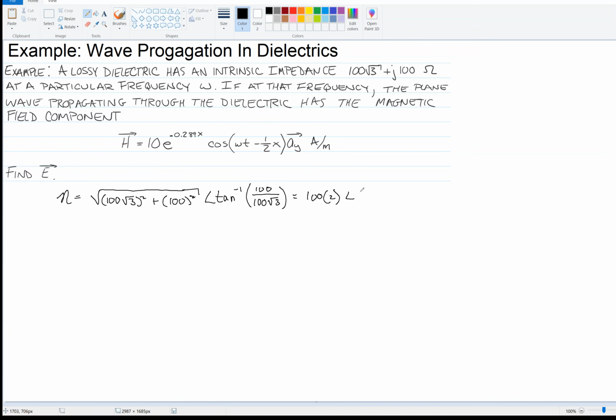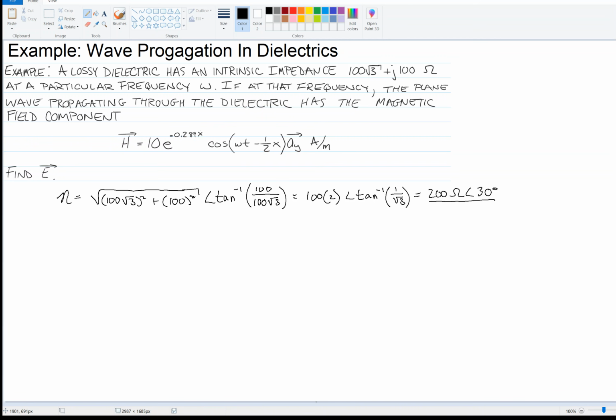And then I have an inverse tangent of essentially 1 over root 3. That's a good angle to know. So this makes 200 ohms, and the angle whose inverse tangent is 1 over root 3 is 30 degrees.